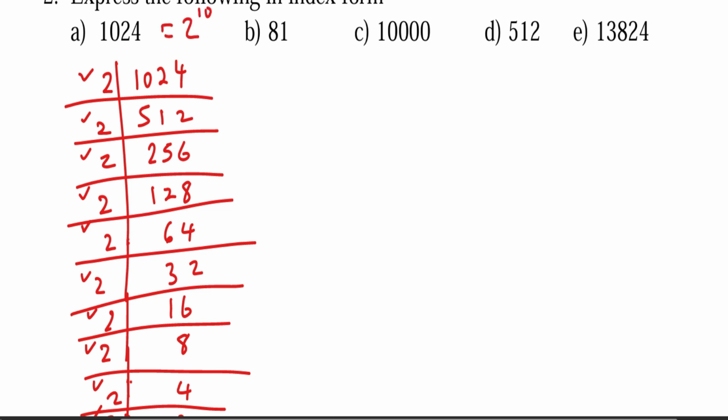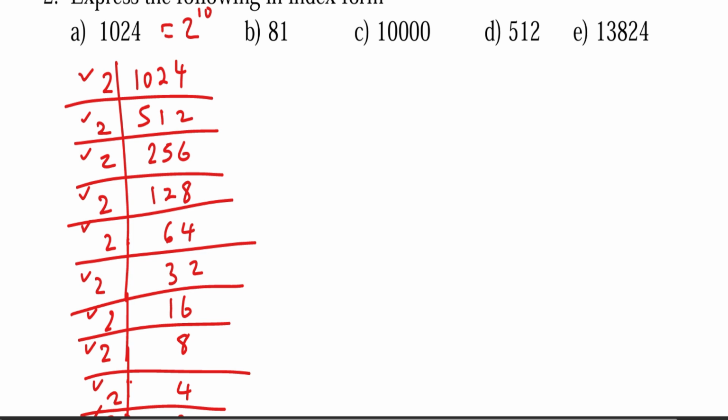Or you can also write it using 4. If you can, you can divide by 4 until the end. If you divide by 4, it gives you 4 to the power of 5.